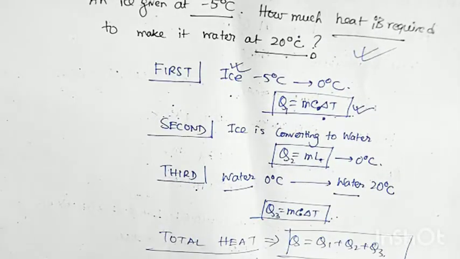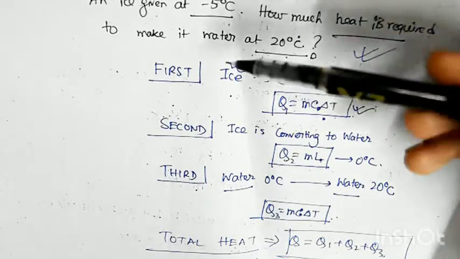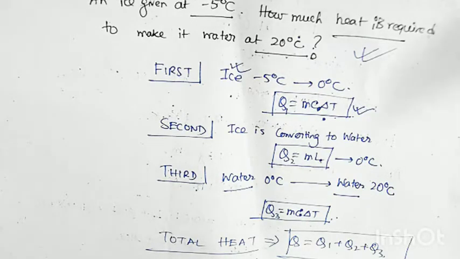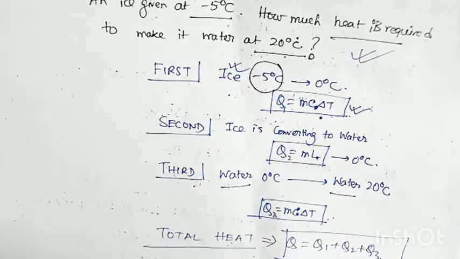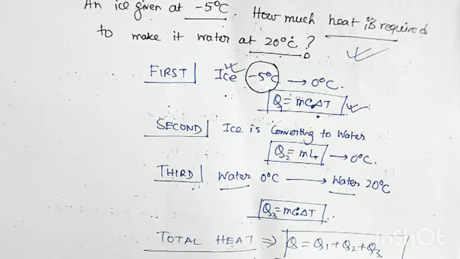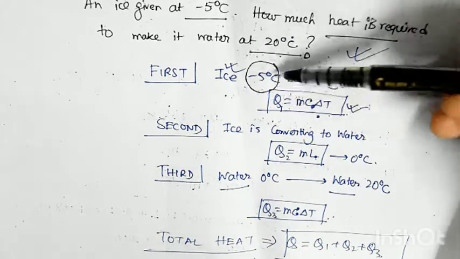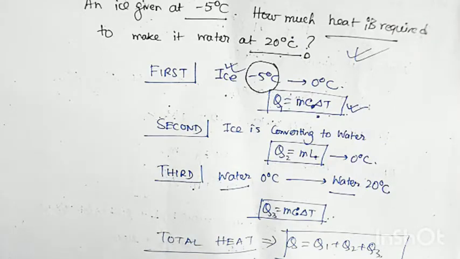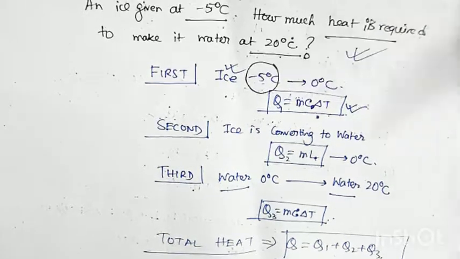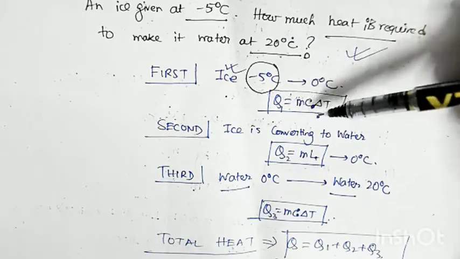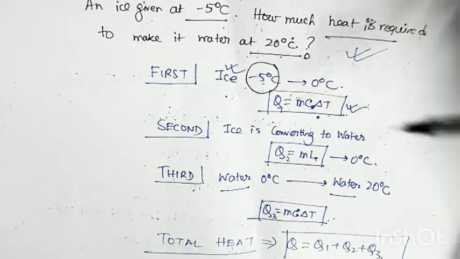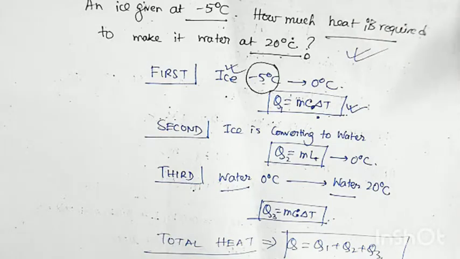Now, what are the things happening here? In the first case, the ice was at minus 5 degrees centigrade. So will the ice just jump to the 20 degrees centigrade temperature? No. It will first go through the temperature change from minus 5 degrees to 0 degrees centigrade. During that time, we calculate the heat from the temperature change as Q1 equals mc delta T. Clear?